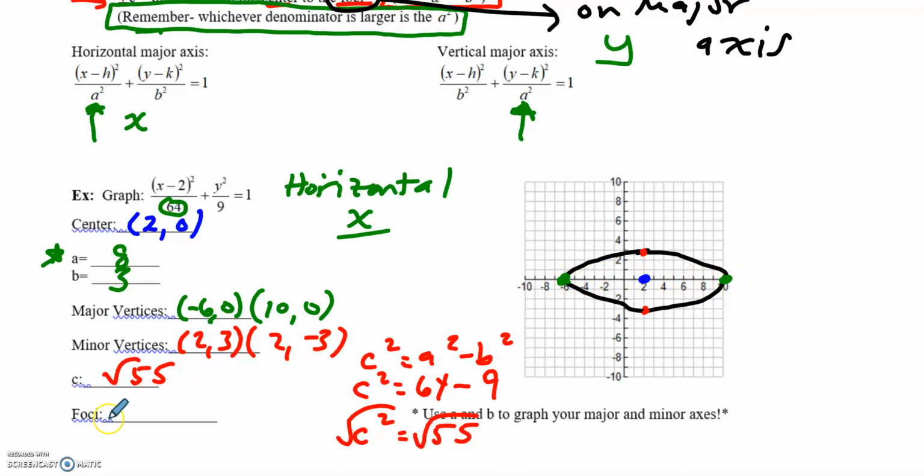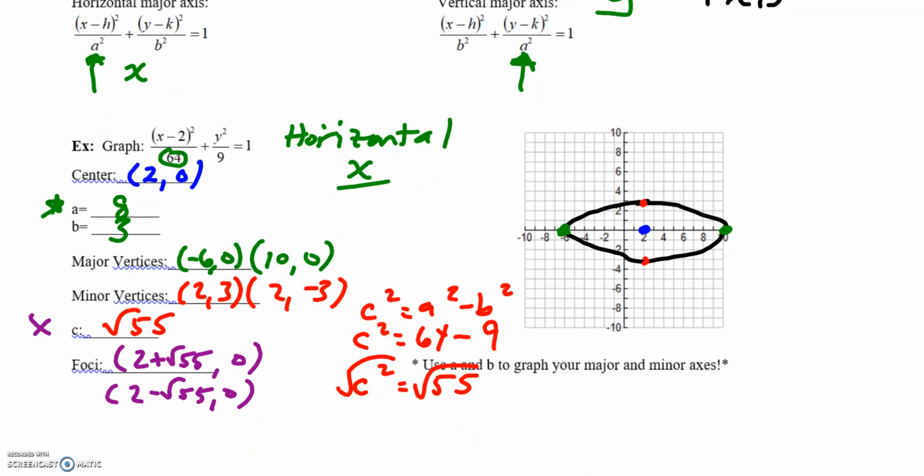And so if I would like to find the coordinates of the foci, I have to go root 55 in each direction. So how we could write our points is we start at 2, so it would be 2 plus the square root of 55, but the y doesn't change to stay on this axis. So it'd still be 0, and then 2 minus square root of 55, 0 would be the other coordinate of your foci, because it has to again be on your x-axis.